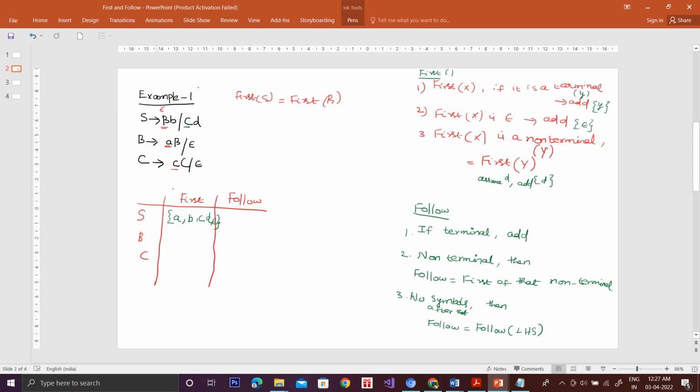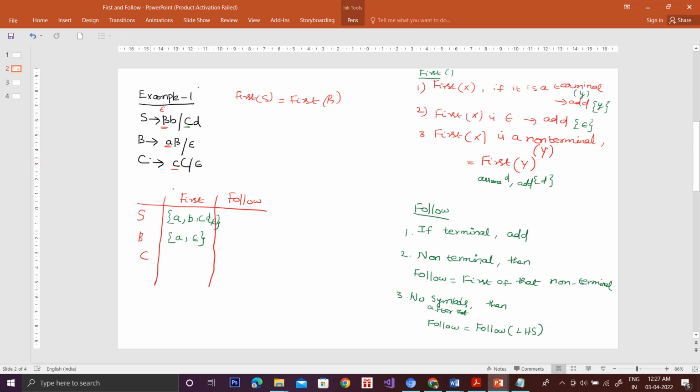Now we'll find first of capital B. First of B is a, which is a terminal, so simply you can add a. Similarly first of B is epsilon, so you add epsilon. That's why first of B is a comma epsilon, that has been added.